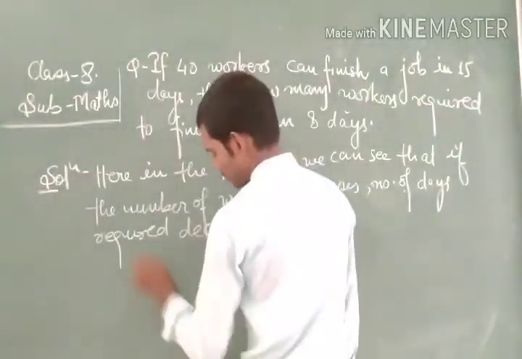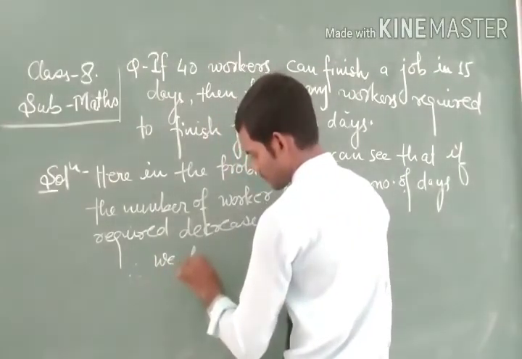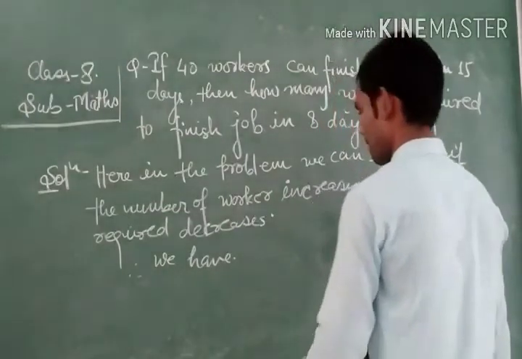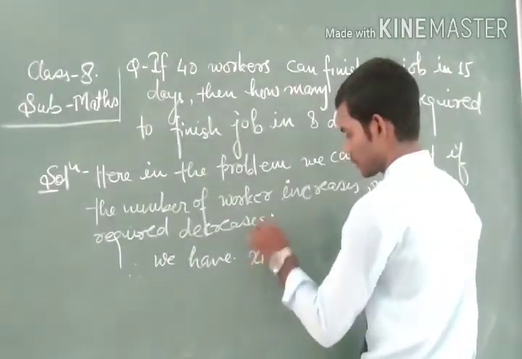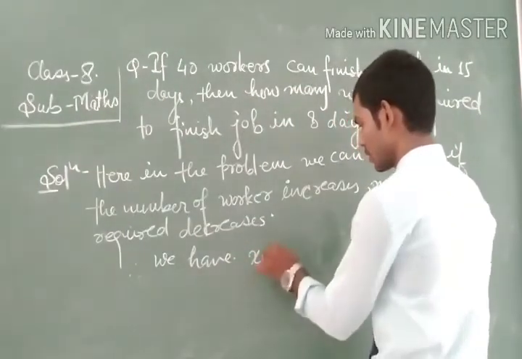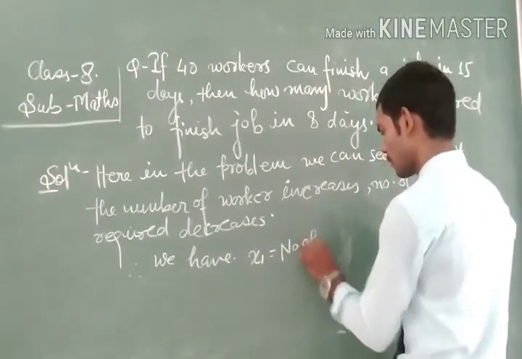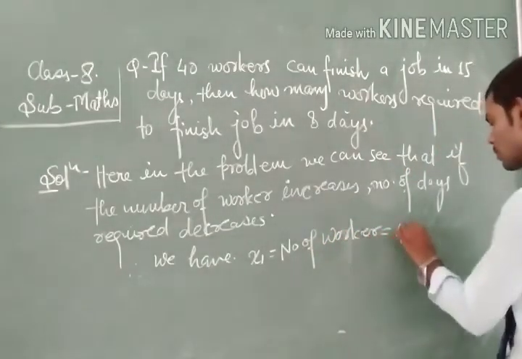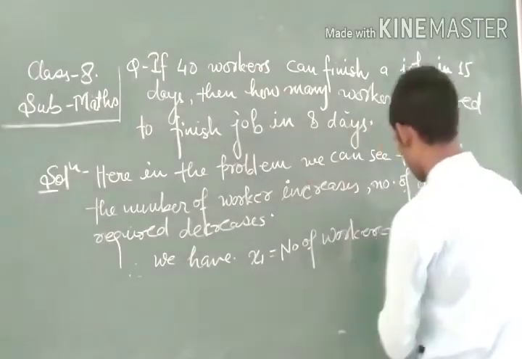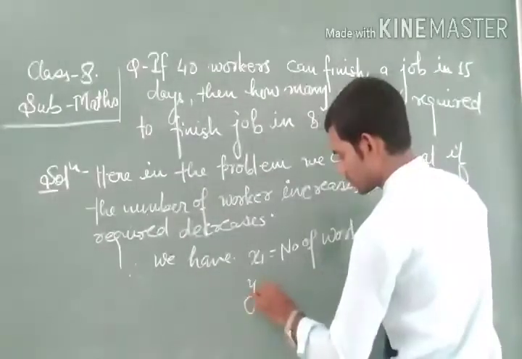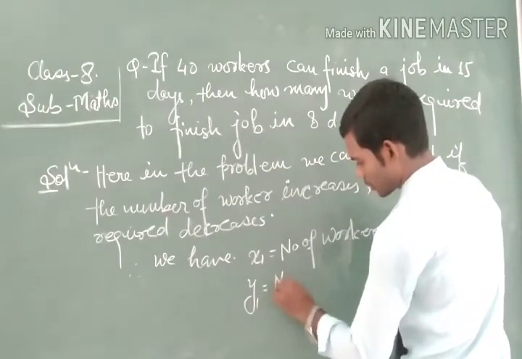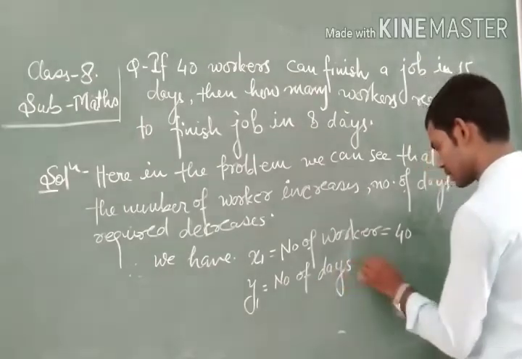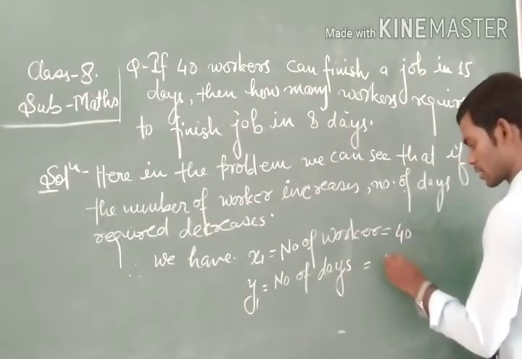Therefore, we have x1 is equal to the number of workers, and this is equal to 40. y1 is the number of days, and this is equal to 15.